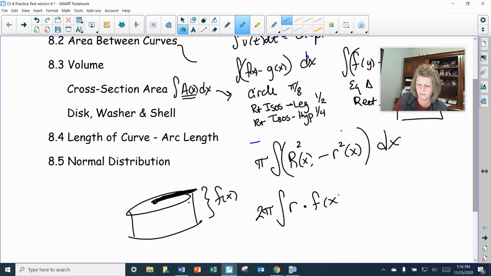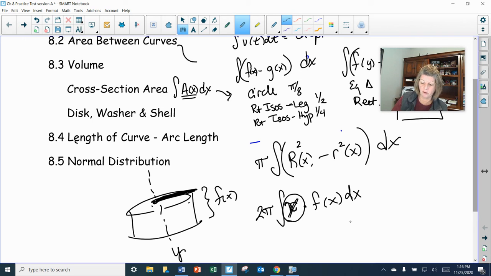I'm going to work with f of x here, dx. If my axis of rotation is my y-axis, then the radius will turn out to be a distance of x. If this axis of rotation shifts, then that's going to affect the radius as well. And I would just do right minus left once again to get the length of that.